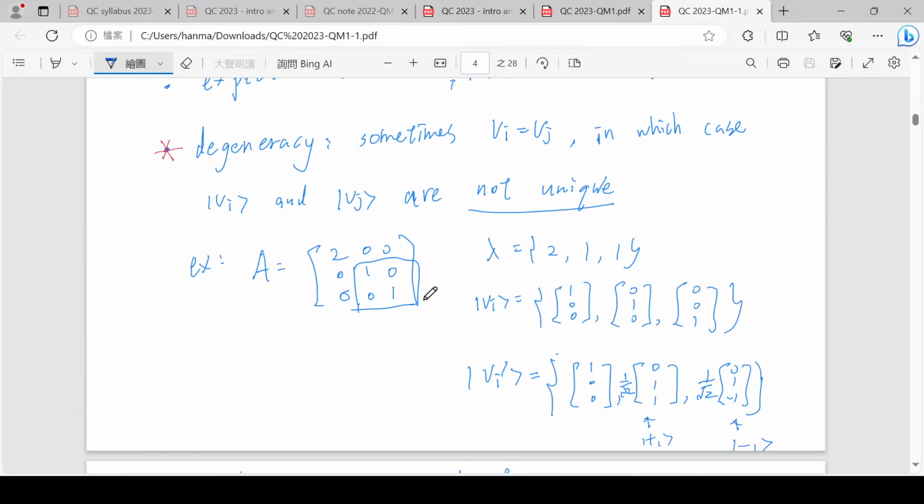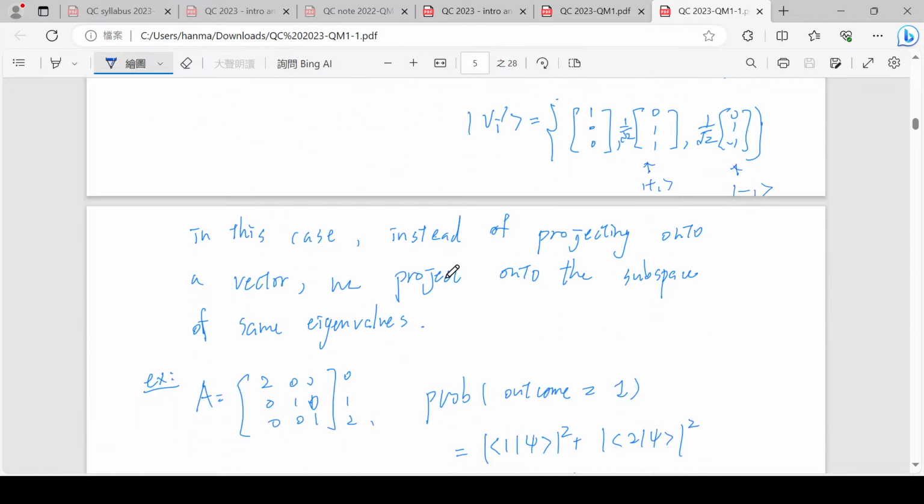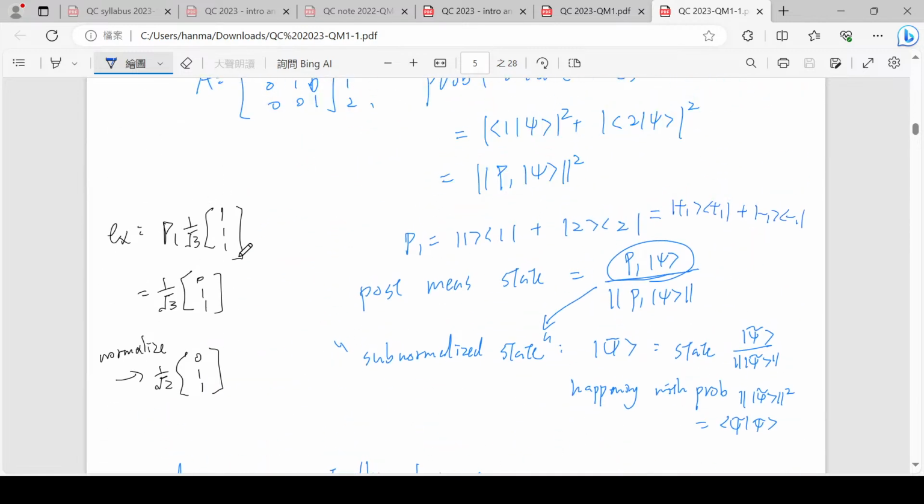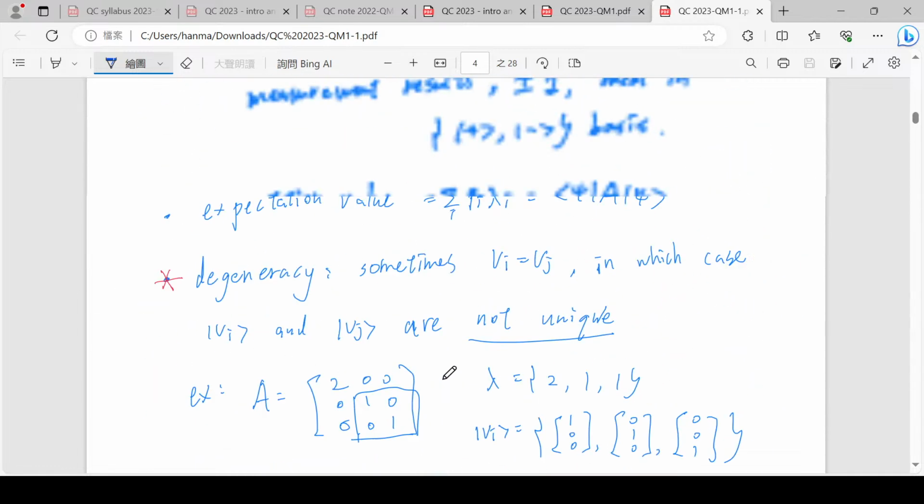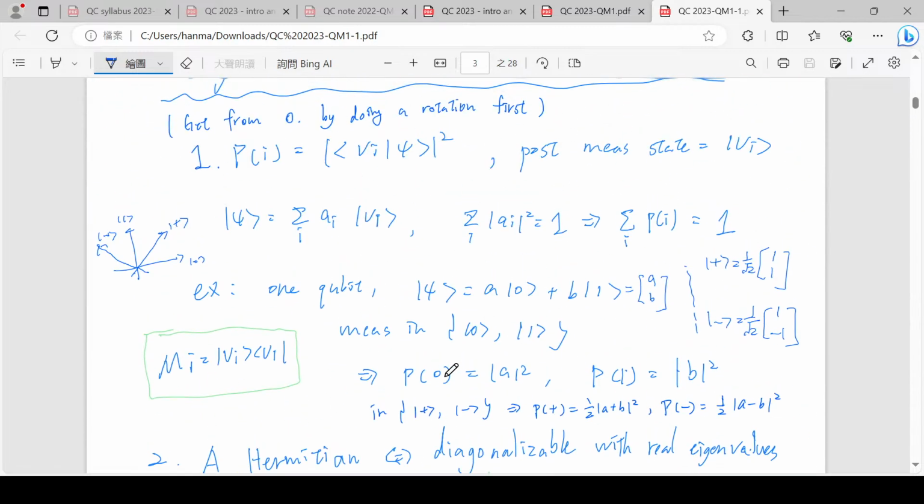So you project into this degenerate space instead of projecting into a single eigenvector. For example, you have the vector (1, 1, 1), and you project it into the subspace spanned by the second and third computational basis states. Then you get the vector (0, 1, 1), and you need to renormalize your state into a unit vector. So that's the physical measurement.